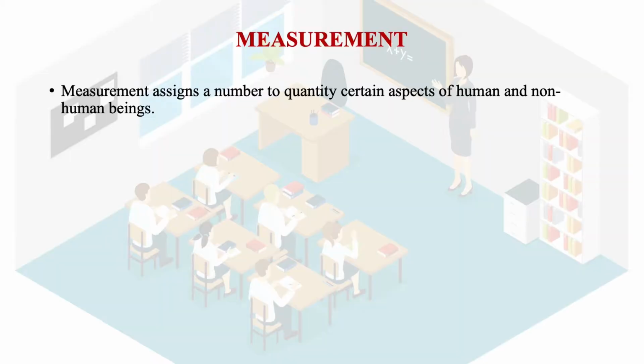First of all, measurement assigns a number to quantify certain aspects of human and non-human entities. So, here you see, measurement assigns a number. I was earlier talking about the numerical values, the quantitative values. So, to summarize the concept of measurement, we can say that it assigns a number to quantify certain aspects of humans.